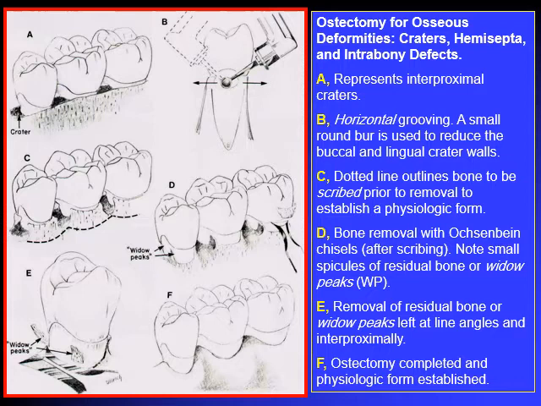So it will recede quickly after the surgery, during healing, because these are weak points. So we have to remove these widow peaks. In E, as you see, removal of residual bone, the widow peaks, at the line angles and interproximally.